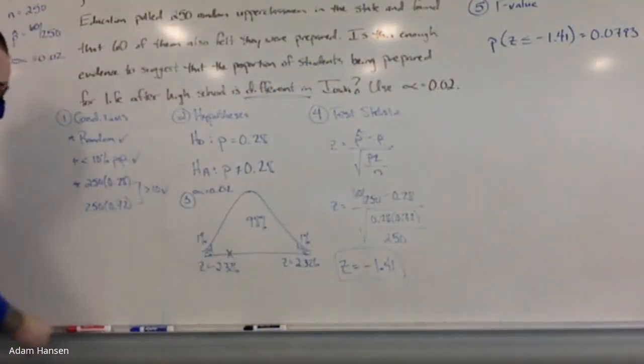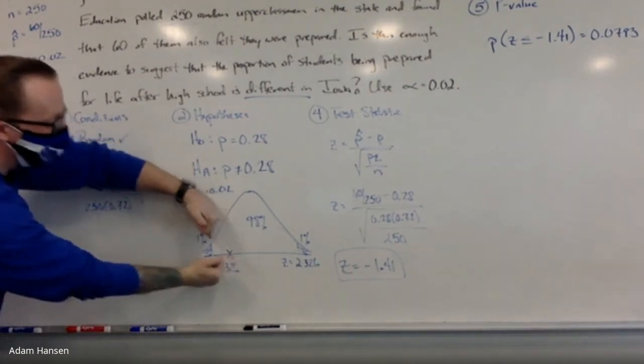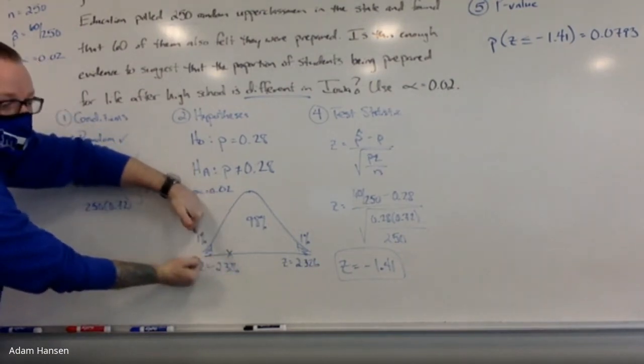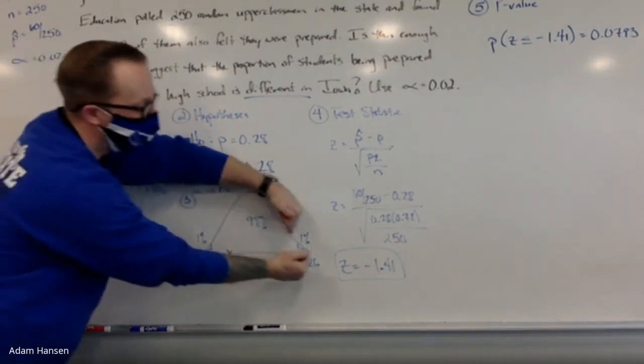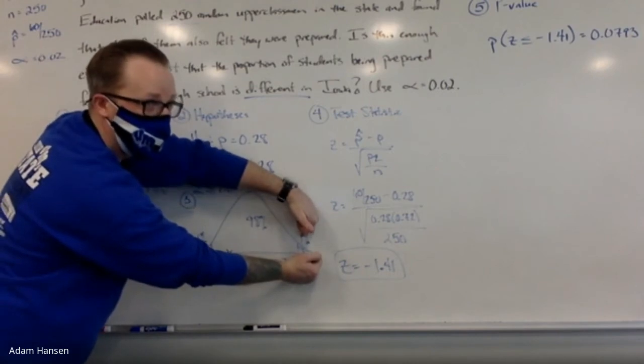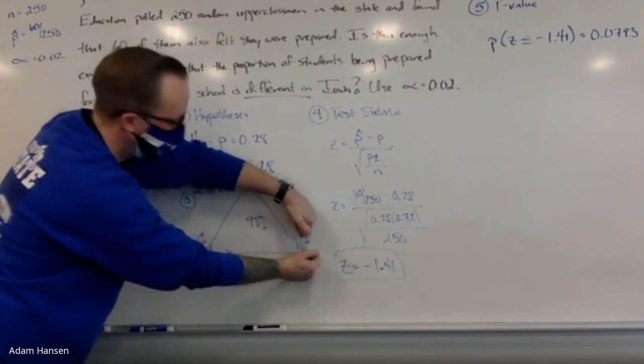Here's the trick. This is where almost everybody makes a mistake when they first start doing hypothesis tests. How many tails are there? This is a what type of hypothesis test? 2 tails, right? We know the proportion that falls into the left tail. I also need to know the proportion that goes in the right tail, since it's a 2-tail hypothesis test, it could be more extreme in either direction.